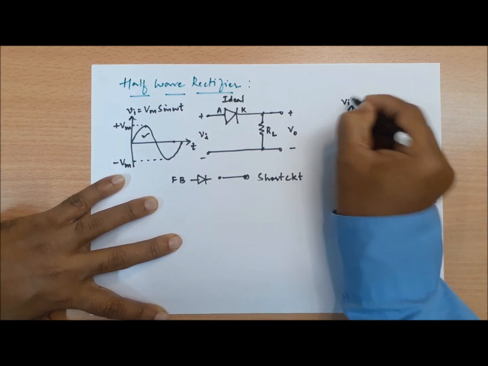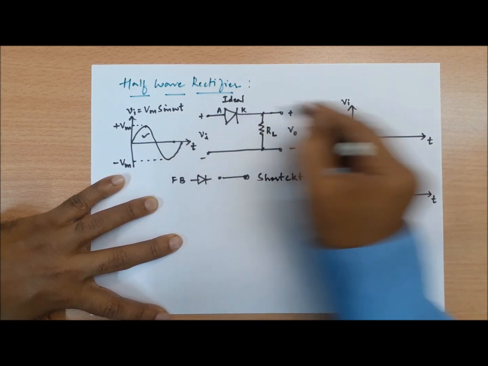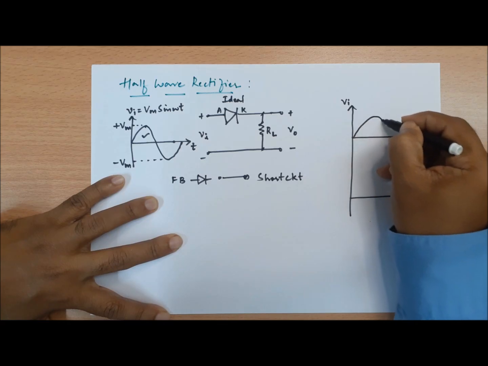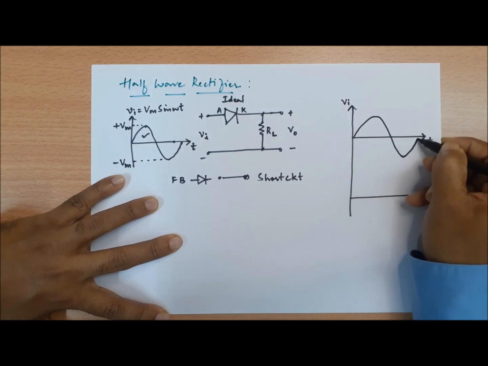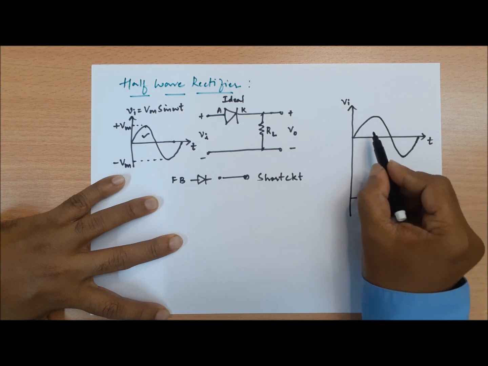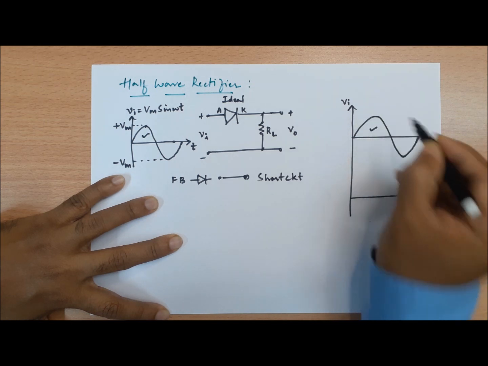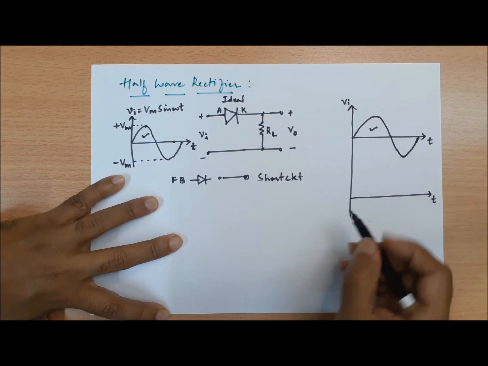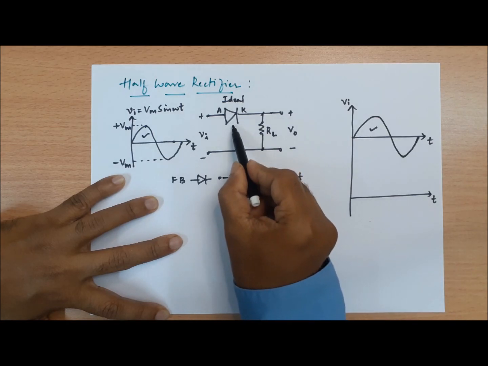If this is the input signal, during the positive half of the input signal, as I had mentioned, the diode behaves like a short circuit.